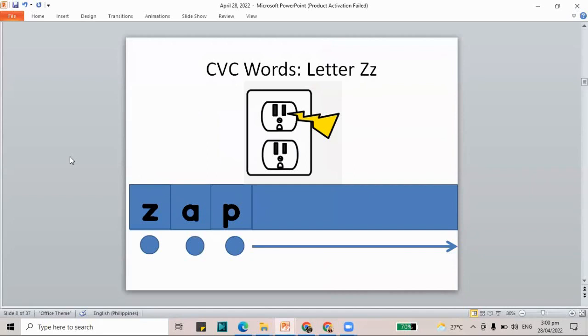So how about we do our Z words, the ones that begin with Z? And the first one here, it's the word zap. Z, A, P. That's zap. The electricity comes out of the socket to power your appliances, to zap it.